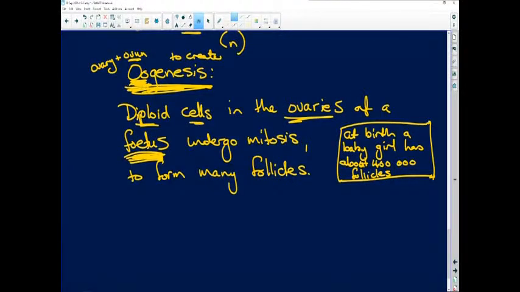So here we go. You've got your diploid cells in the ovaries of the fetus that undergo mitosis to form your follicles.